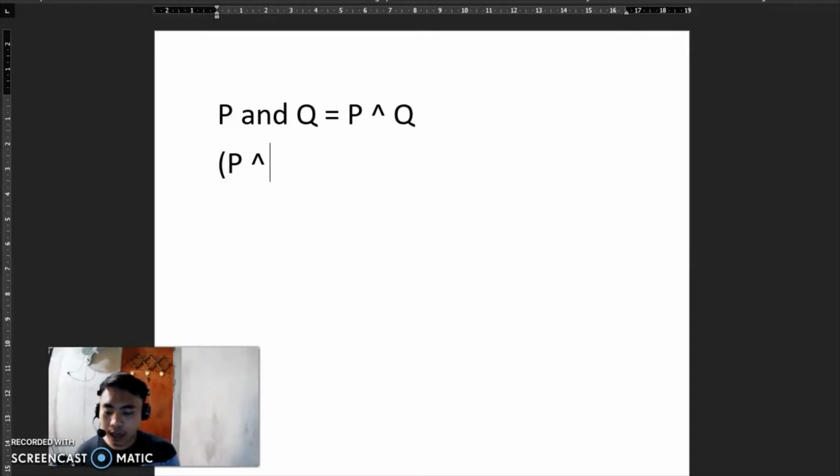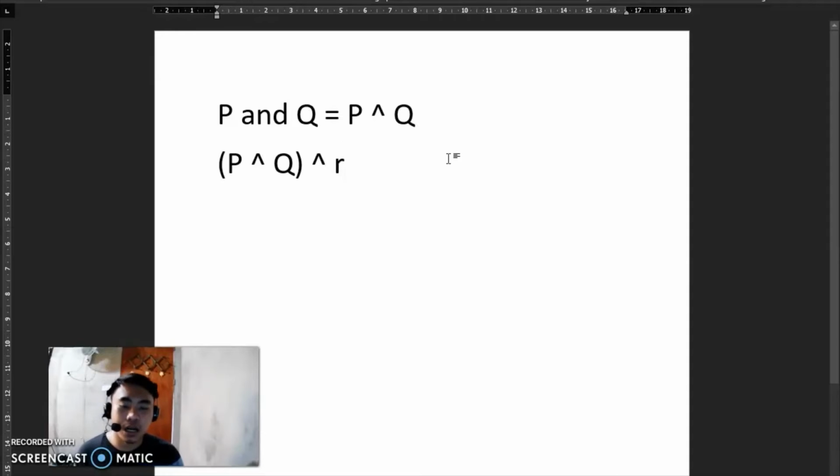Ganun din po sa ating, kunwari, ang given po natin ay P and Q, tapos nagdagdag pa tayo ng isa, which is R. Kung tatlo na po yung letter ng ating proposition, gamitin lang po natin yung base 2.